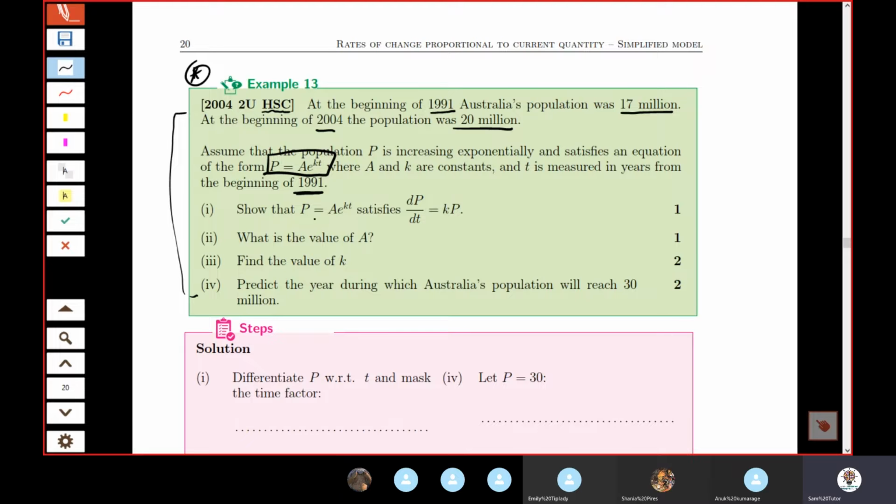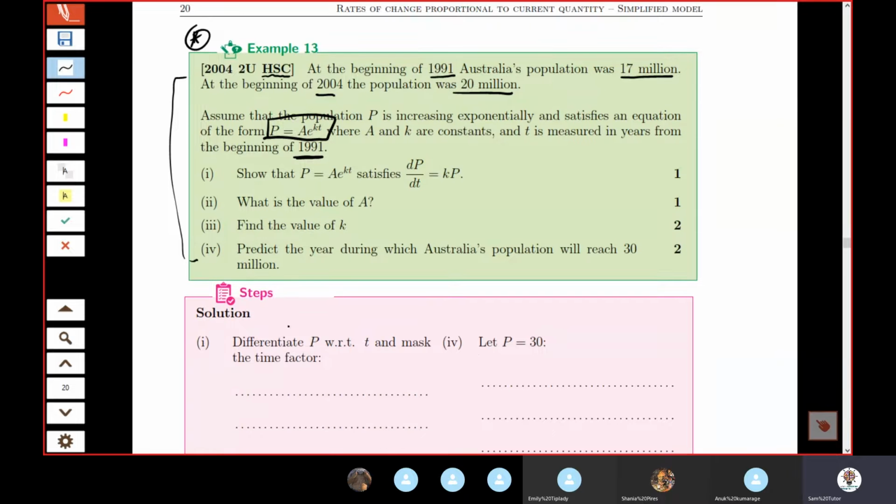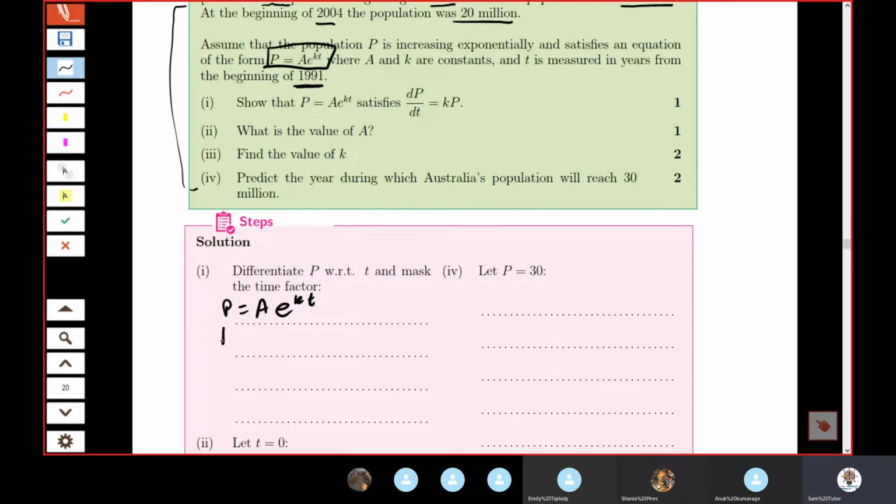So pretty much show that when I differentiate it, it gives me the result that we know needs to occur. You just differentiate the P value with respect to t. So if P equals A e to the KT, I have to differentiate dP with respect to time, dP on dt.